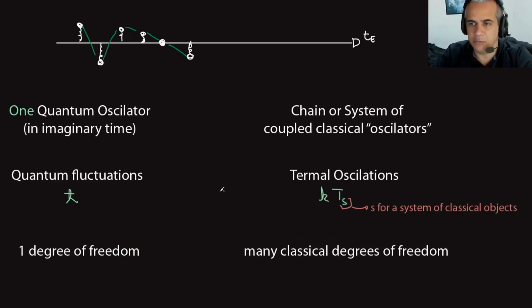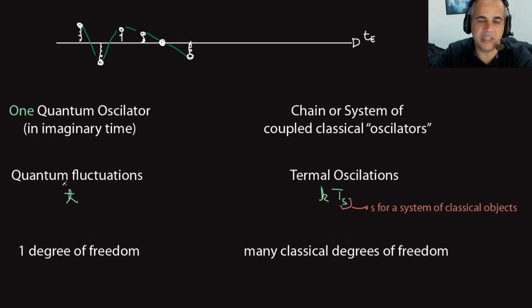In summary, what we're seeing is that if I take just one harmonic oscillator and go to imaginary time, this is analogous to a chain of these coupled classical oscillators, right? And in the same way, the thermal oscillations on this side will influence, right? You have for each temperature different configurations of these coupled classical objects possible at different temperatures.